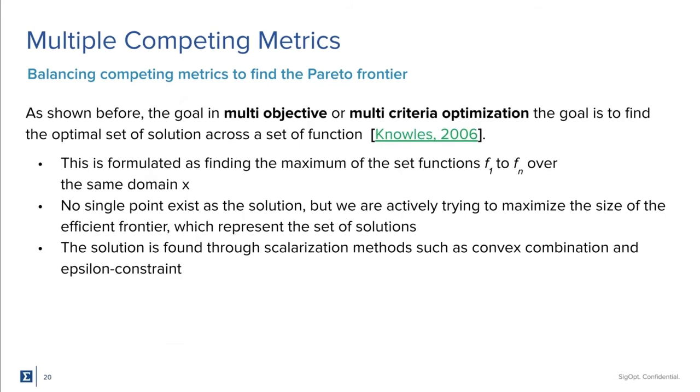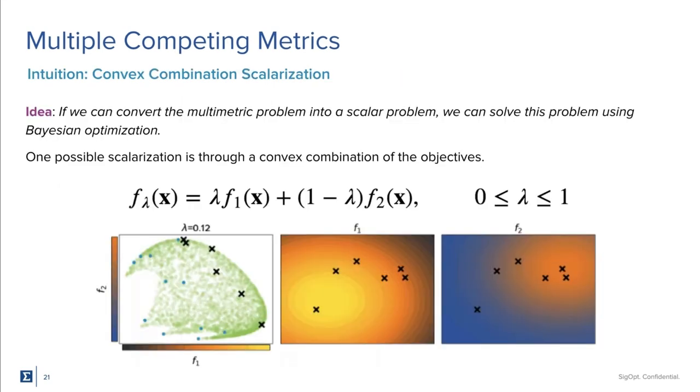There are different ways that you can try to attack this by basically breaking up your function into subcomponents, or maybe you want to explicitly optimize one metric first and then slowly start shifting over and optimize the other metric.